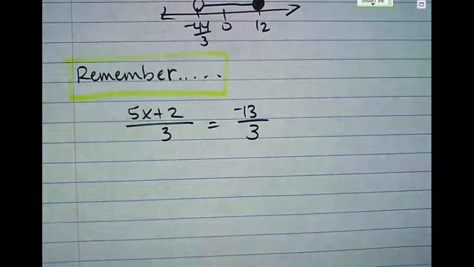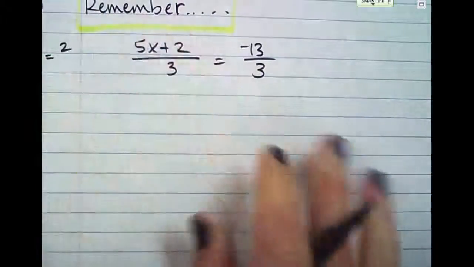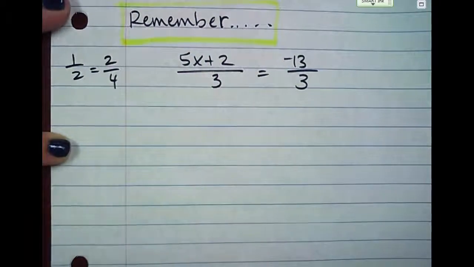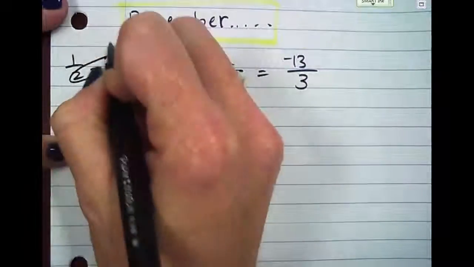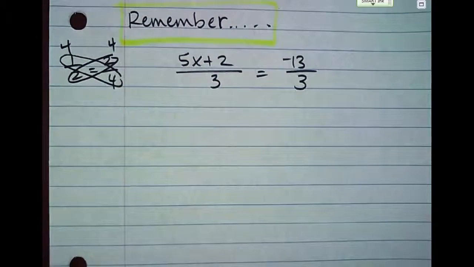Do y'all remember that? If I told you that 1/2 equals 2/4, we know that they're equal because 2 times 2 is 4 and 1 times 4 is 4. It's called the butterfly method. Right? Some people might have done the arrow method, whatever.